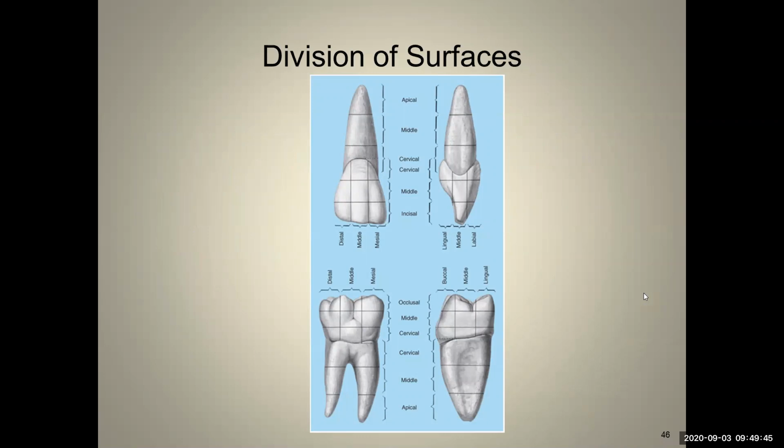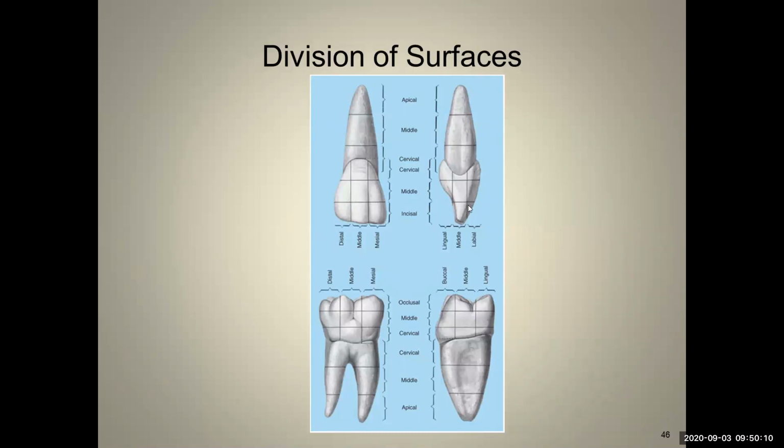We're dividing every surface into thirds. For the root of the tooth, we've got the apical third, the middle third, and the cervical third. For the crown of the tooth, we've got the incisal third, the middle third, and the cervical third.